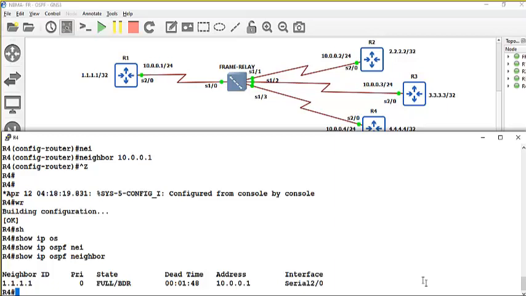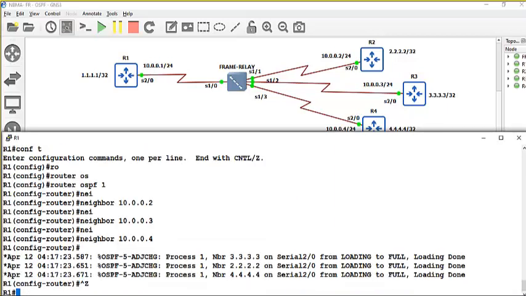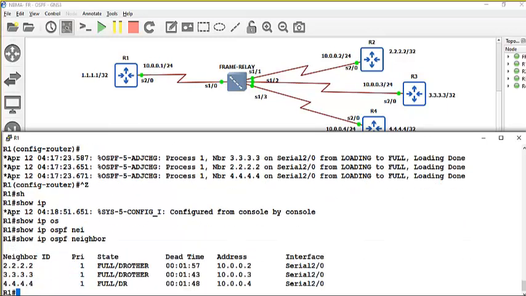This is the next problem. This says router 1 is a BDR. So someone else is a DR. Now let's go to router 1. Show ip ospf neighbor. And you can see router 4 is a DR because of the highest router ID.